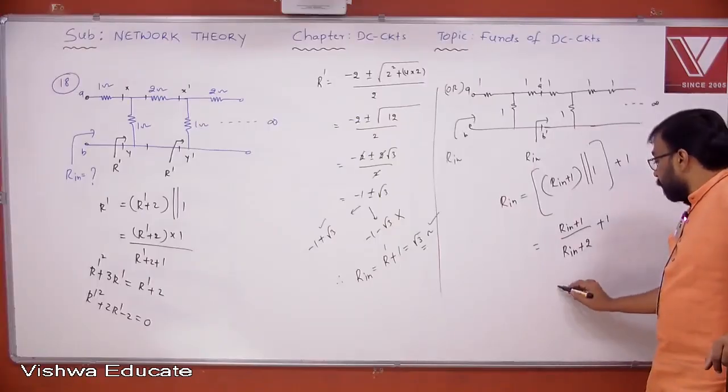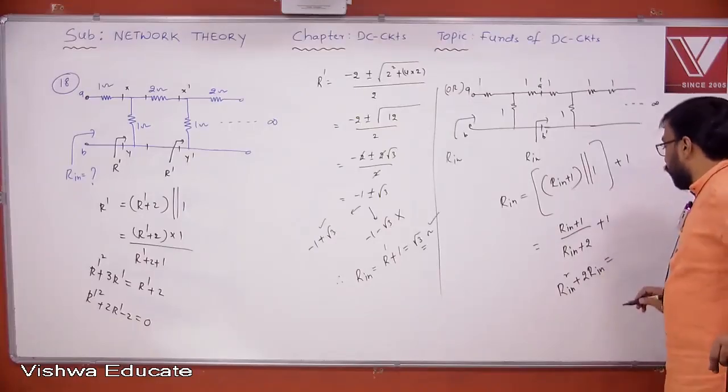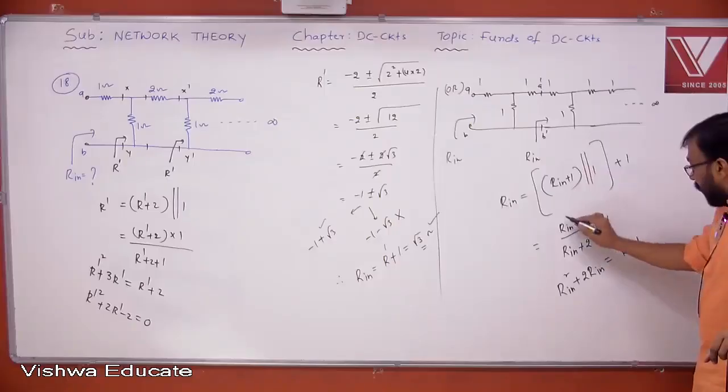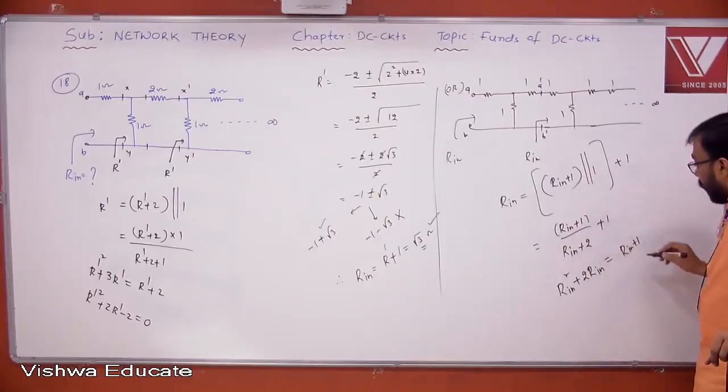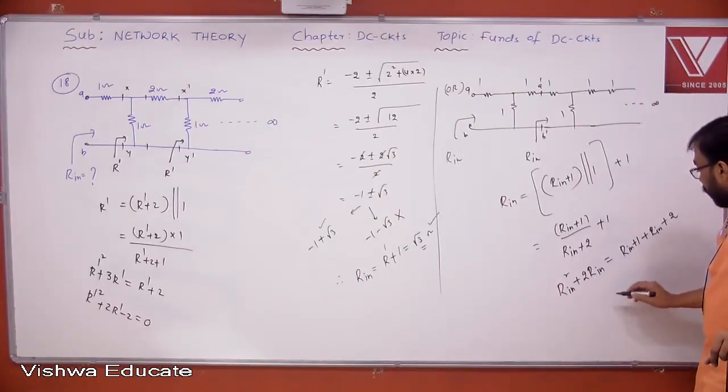Now you tell me, Rn square plus 2Rn is equal to, what do you get? Rn plus 1, this as it is you are going to keep it, but you are going to get here this one also, plus Rn plus 2, yes or no? Now you just see here, what's happening?